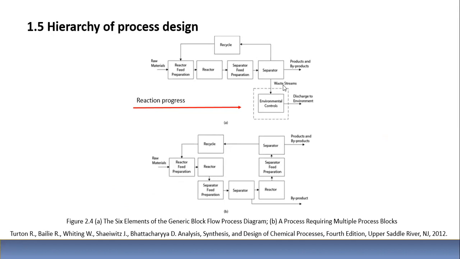Even though this is just for illustration purposes, you see a reactor, a separator, and the waste being sent for environmental controls, but even in these few blocks you see a recycle stream. We also see a recycle stream in this process named B, where there are multiple blocks.